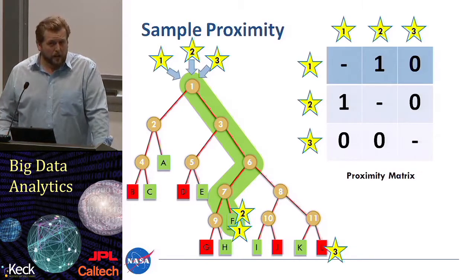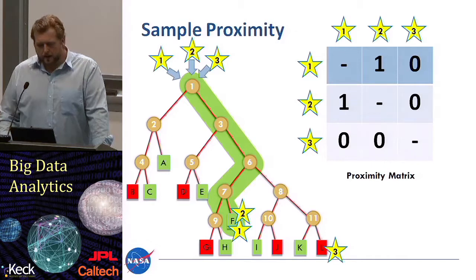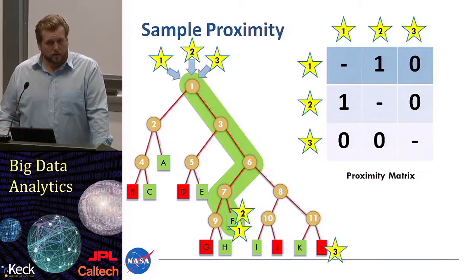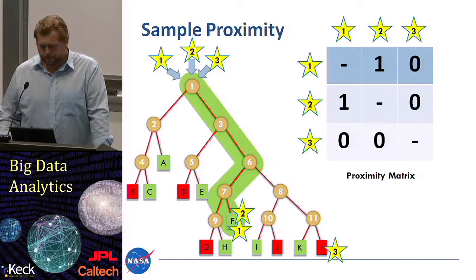So we now can actually collect this information in a proximity matrix. You see here in the rows and columns are the indices of these samples, and in the cells we have counts how often the samples end up in the same leaf. So just 1 for the samples 1 and 2, and 3 does not share a leaf with one of the other samples.